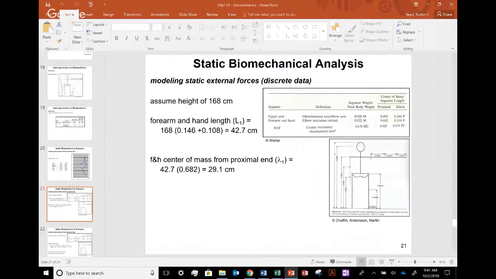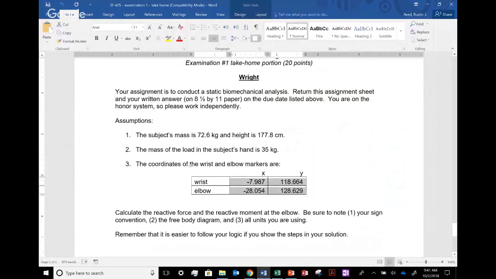Let me just leave that up and then write it. I'll put D for the dumbbell. I'm going to say it's a dumbbell, but oh no, it's 35 kilograms even. And then we have our XY for the wrist and XY for the elbow. I didn't give myself enough room, I don't think.